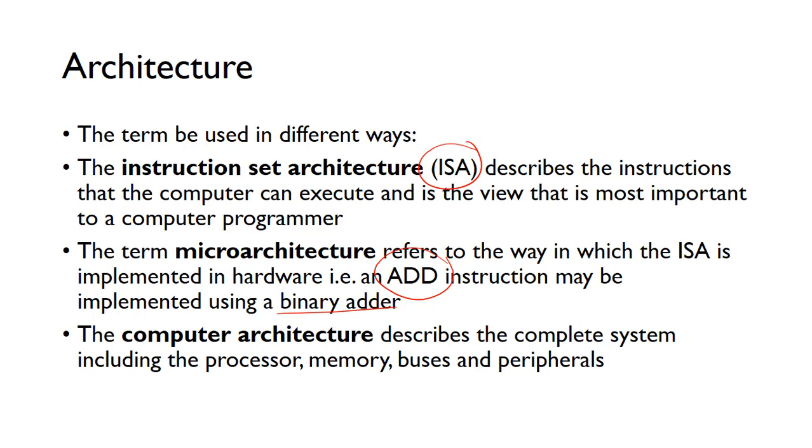And then you also see the term computer architecture used in a more general way. This describes the complete system, and shows how the processor, the memory, the buses, and all the peripherals are connected together. So these are the different terms that contain the word architecture, so just be familiar with those.